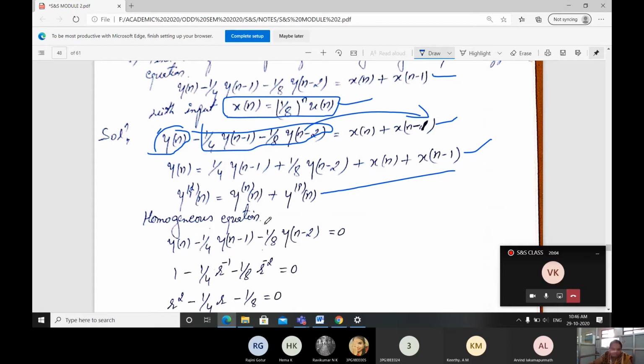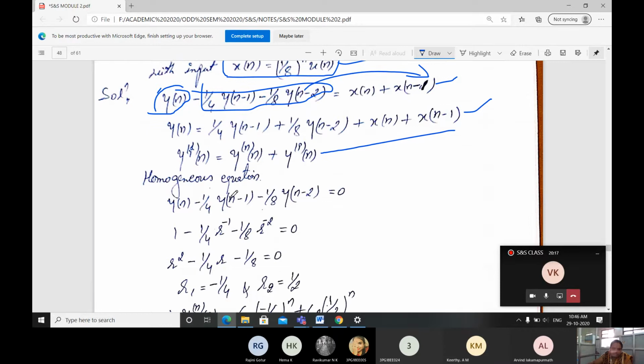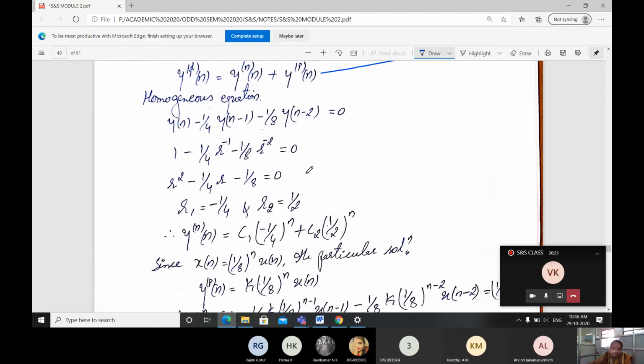Therefore the homogeneous equation is going to be y of n minus 1 by 4 y of n minus 1 minus 1 by 8 y of n minus 2 is equal to 0, means the x terms are going to be 0 only. From this, y of n minus 1, I can write as r power minus 1 and y of n minus 2 as r power minus 2. Then solve this and get the roots.